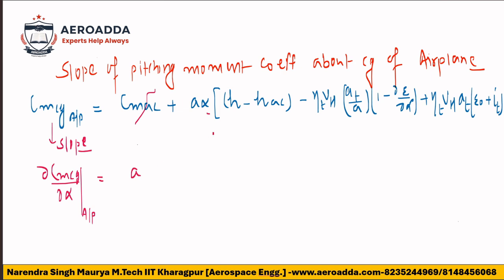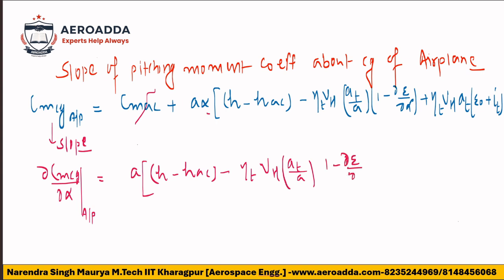So you can write A, this second part, in the bracket it will have h minus hAC, correct, minus eta T VH, AT by A, 1 minus d epsilon by d alpha.